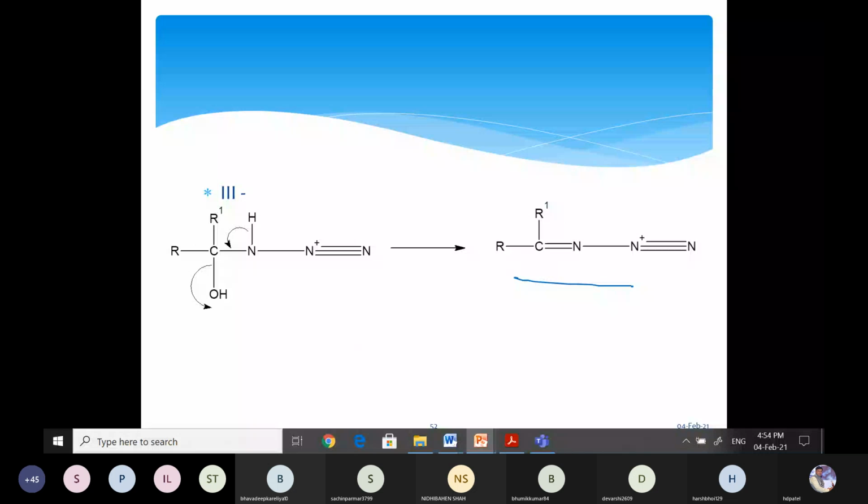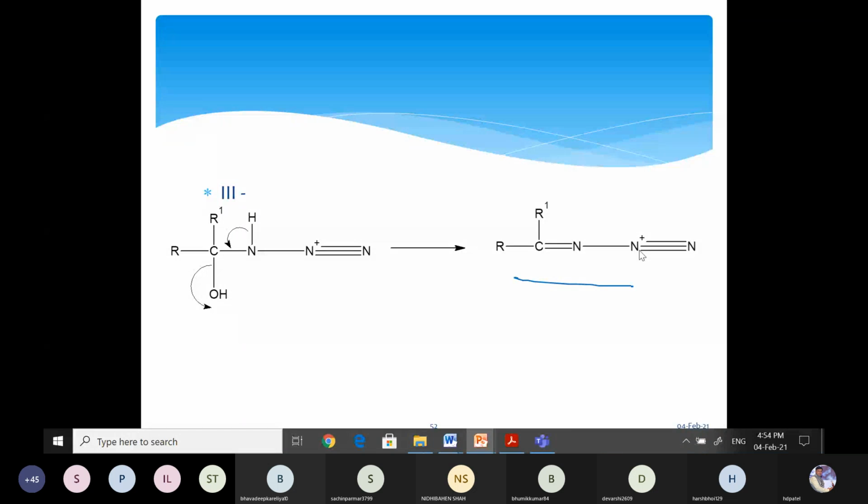When dehydration takes place, OH will pull electron from carbon, carbon will pull electron from nitrogen, and nitrogen will pull electron from hydrogen, and as a result we will get the structure R1 double bond N plus triple bond. And now we have this structure.